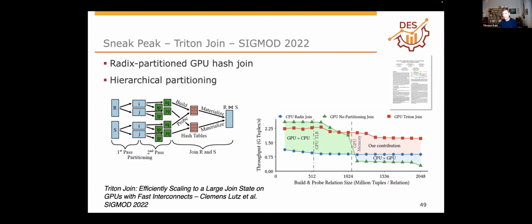With this, we have a very simple way of comparing the joins, where we just build a hash table where, based on the hash value, we store the join keys in the right buckets. In GPU joins, we'll typically work with hashes of the keys. So we're hashing the key, and then we're comparing the hash values.